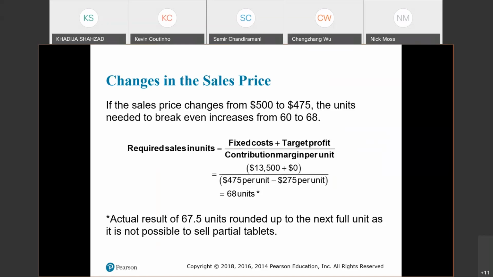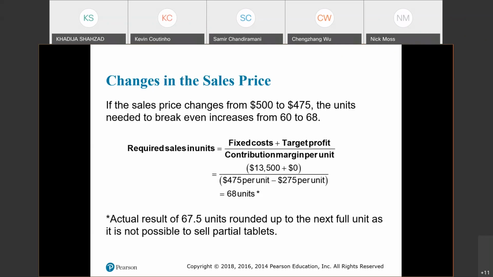So, in this case, let's see what effect will result if the sales price changes from $500 to $475.